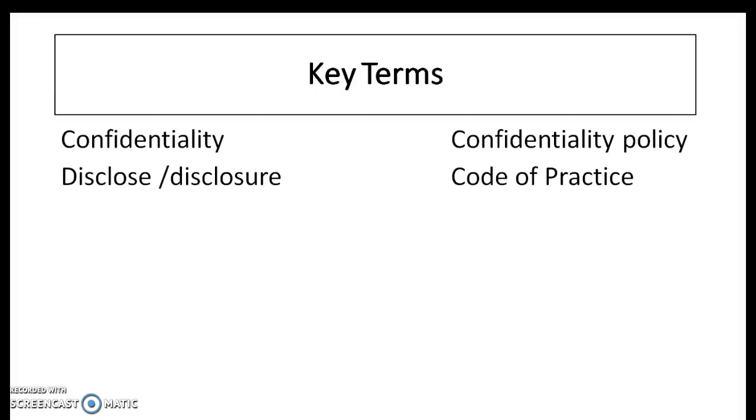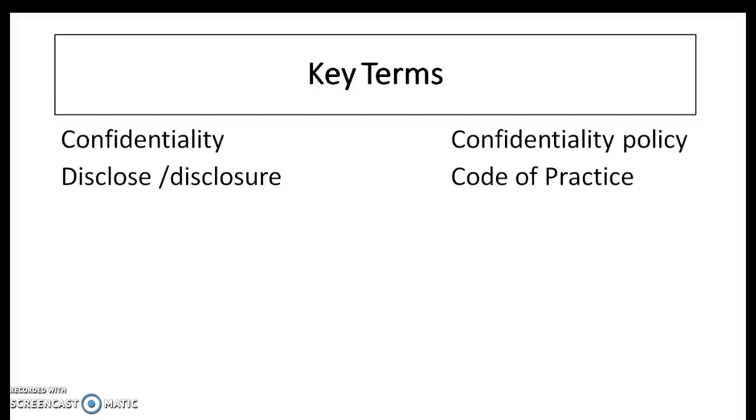The police can disclose to Franklin College anything about your past that says you may not be safe to work in a care setting. And that's a responsibility, something that you will have to do if you go on to work in care settings. You can't do that without having a disclosure and barring check.